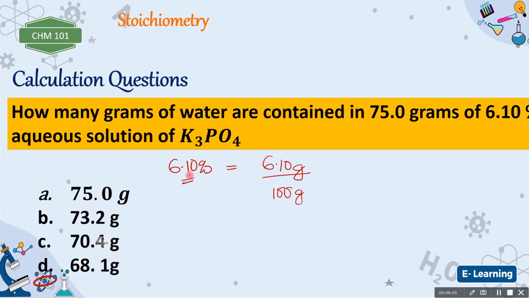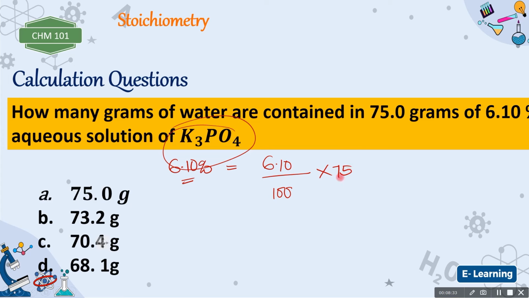Are you getting it? Now, they are not telling you how many grams of water are contained in 75 grams of this. So it's going to be 6.10%, which is like 6.10, because you want to know the amount of grams of water, divide by 100 times 75. This one will tell you the amount of potassium phosphate that is present in this 75 grams.